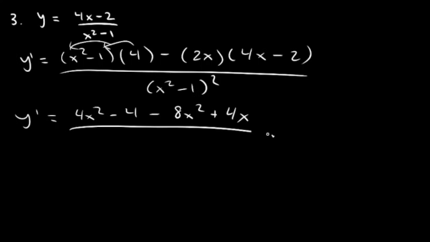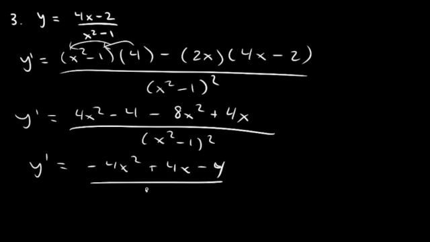And this is all over x squared minus 1, squared. So y prime is equal to negative 4x squared plus 4x minus 4 over x squared minus 1, squared.